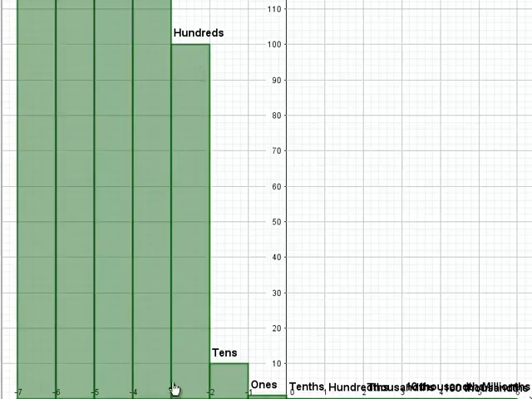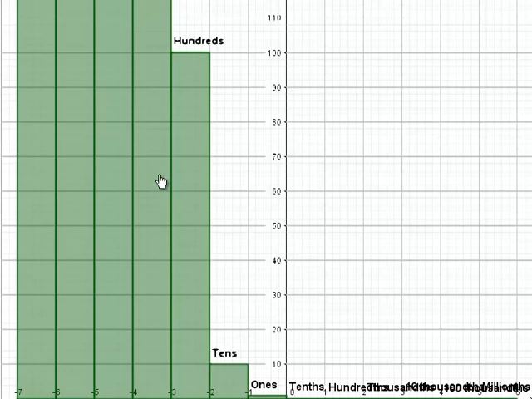Notice the hundreds column is 10 times as big as the tens column. So if you have a 1 followed by 2 zeros, this is how big the number is compared to a 1 in this place and nothing in this place. Let's keep going and see what the next column is.